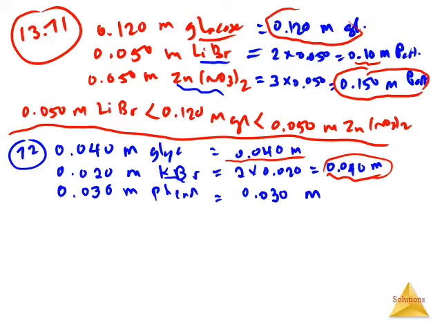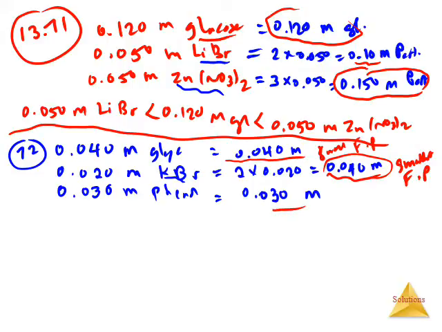So based on this, and this time we are going to write down decreasing order of freezing point. 0.040 would give the smallest freezing point. So let me write down this. The smallest freezing point. So the largest one would be for phenol.